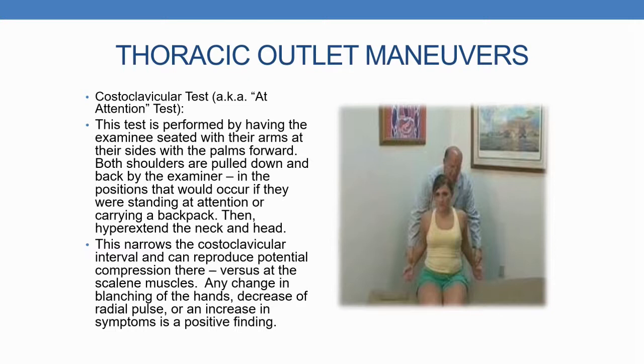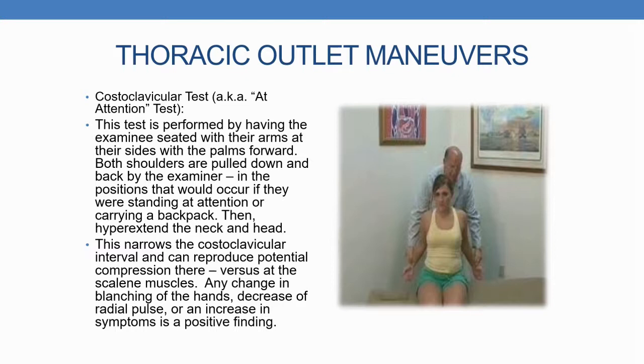Now, when we talk about palpating the radial pulse, the radial pulse, remember, is a downstream branch. The radial artery is a downstream branch of the subclavian artery, and it's the subclavian artery that passes through the costoclavicular interval.